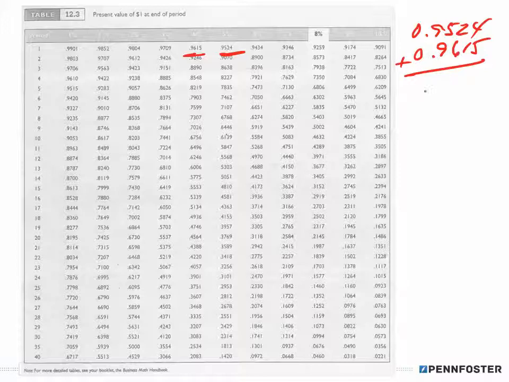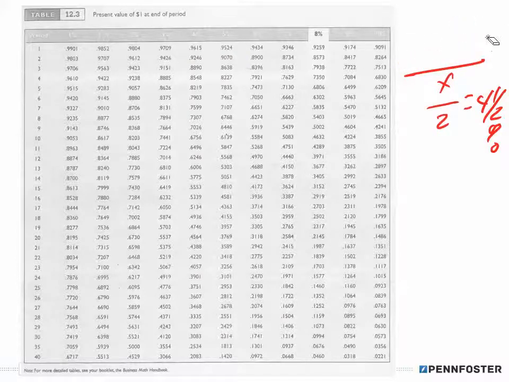I'd have to add those together to get a total amount, and then I would divide that total amount by 2 to get my 4.5%. Notice I'm doing a lot of that additional math. You're able to extrapolate any of the factors with this table, but you have to do a lot of additional math, and that's crazy. So that's why the Business Math Handbook was provided, because it does give you the tables that are half percentages.